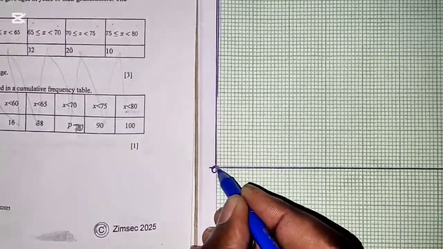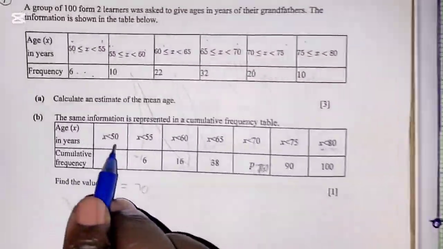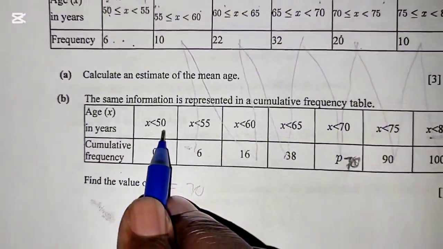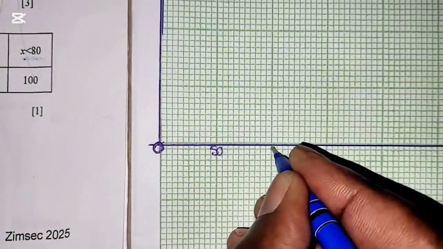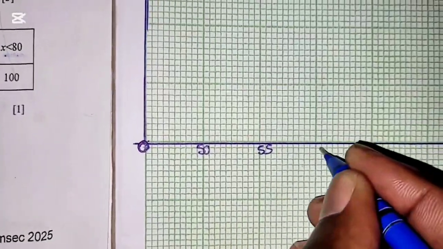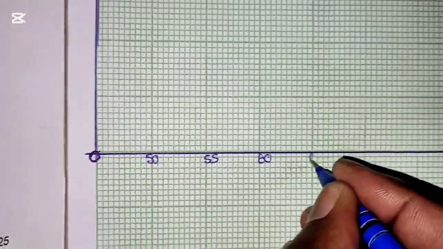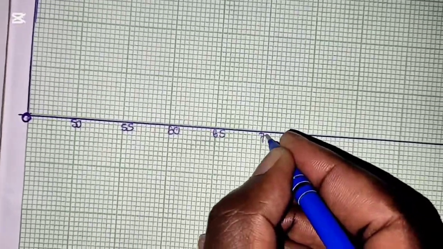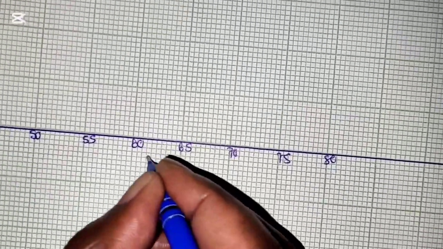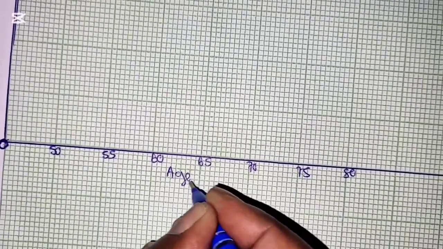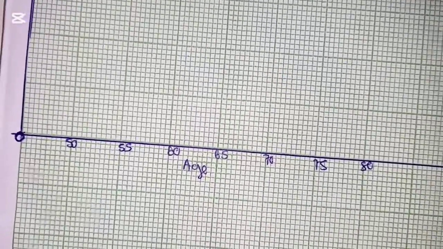We are going to say 0 right here. Then we're going to start with what? With 50. Are we together? We're going to start with 50, then 55, then 60, then 65, 70, 75, and 80. So it's what? Age right here.